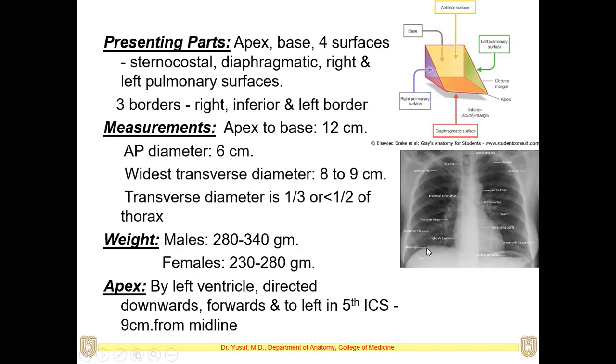If it is more than half of the diameter, if it will be a very big heart, then you can easily, just by X-ray, you can identify is there any cardiomegaly. So the normal size of the heart will be 1/3, or most maximally it will be half of the total thoracic diameter. Okay, if it is more than that, then we can call it as the cardiomegaly.